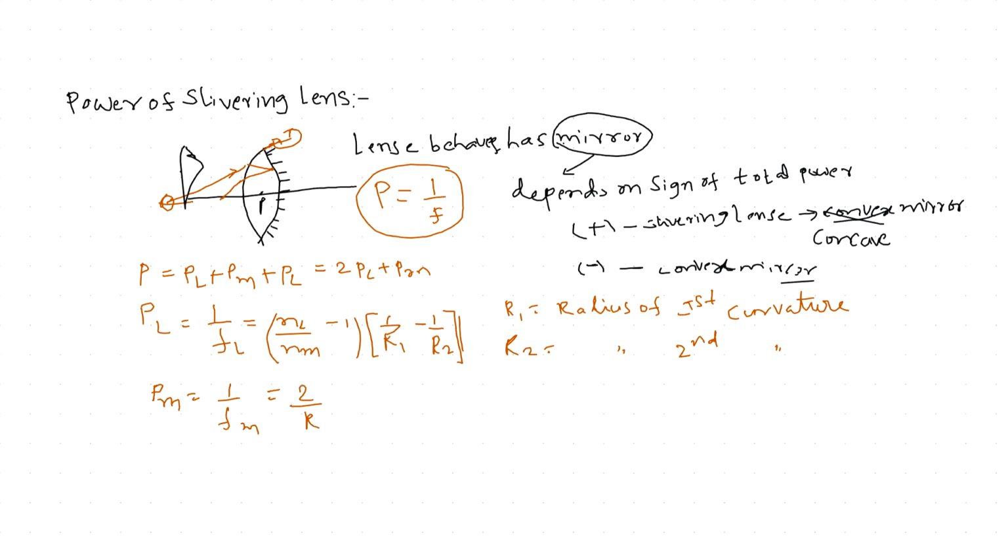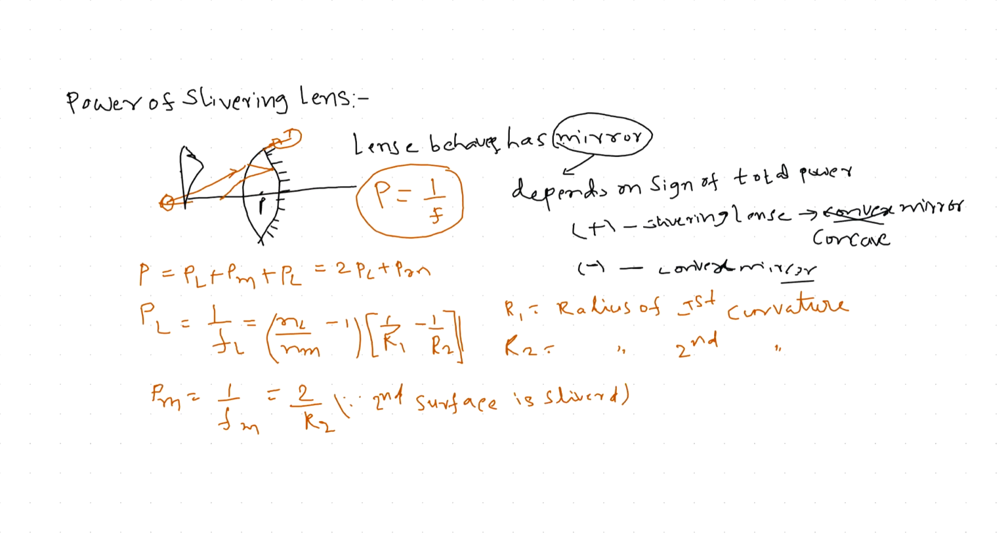So here it is very clear. I can go with R2 since the second surface is silvered and behaves like a mirror. So the focal length of the mirror is R2 by 2, and I can take R2. So now consider the calculation of total power.